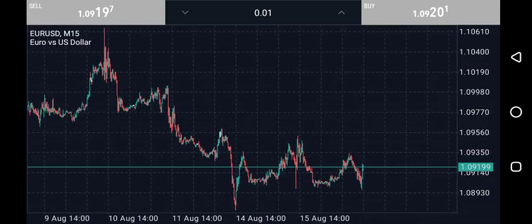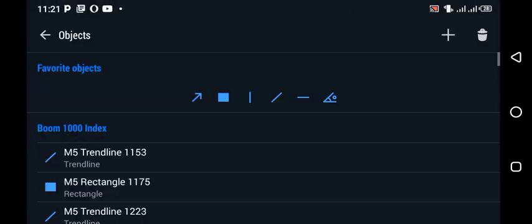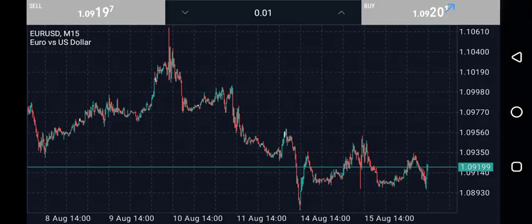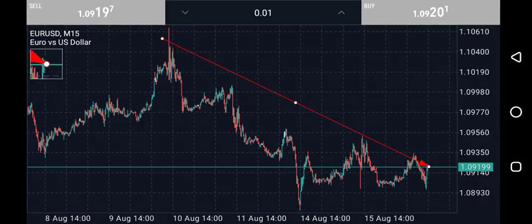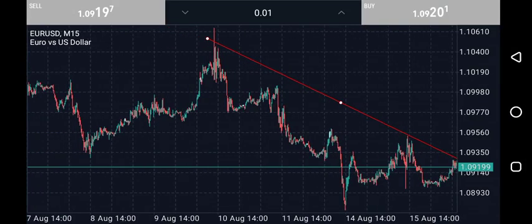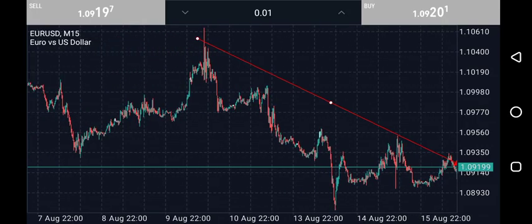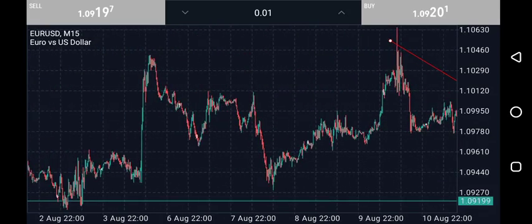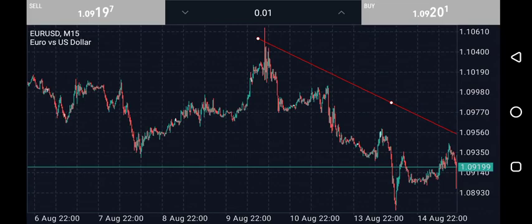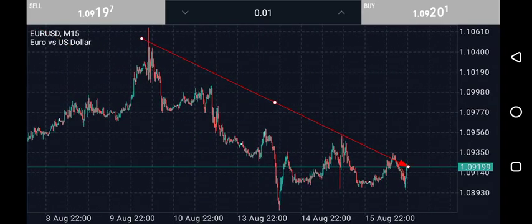Clearly, we can see this is a downward movement. Bam. You see, the market is moving downwards. I'm not going to explain all those lower lows; it's not the time yet. We're just starting.